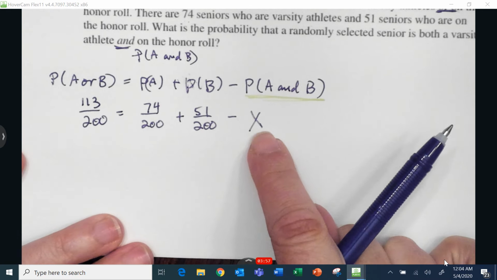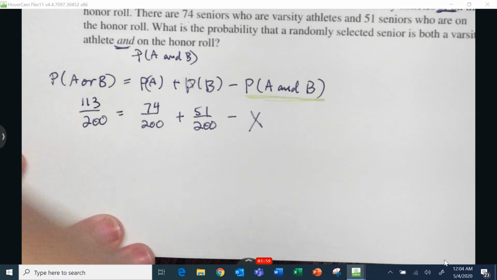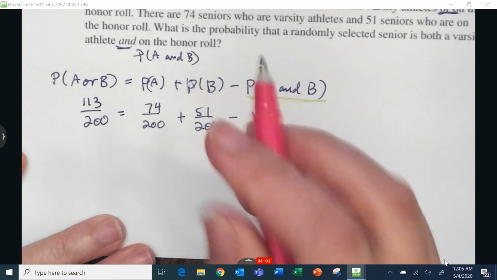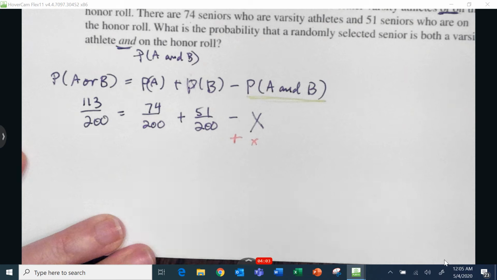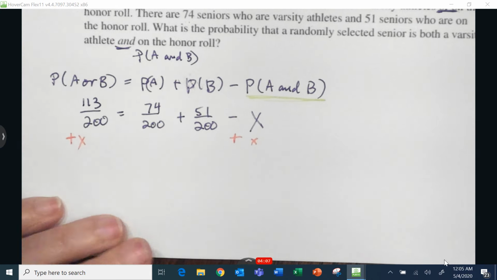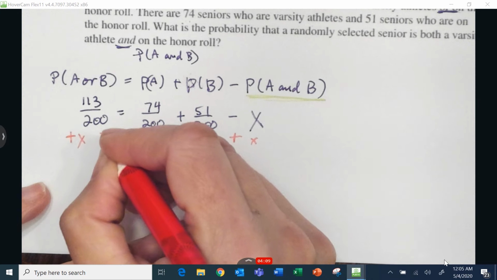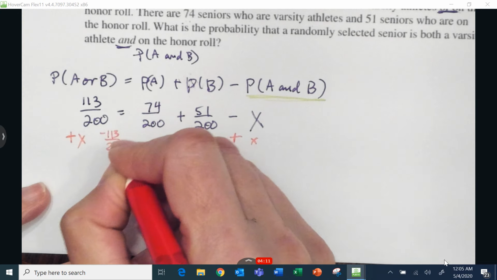To get this by itself, because it's negative, I am going to add the X to both sides. And at the same time, I'm also going to subtract 113 over 200.